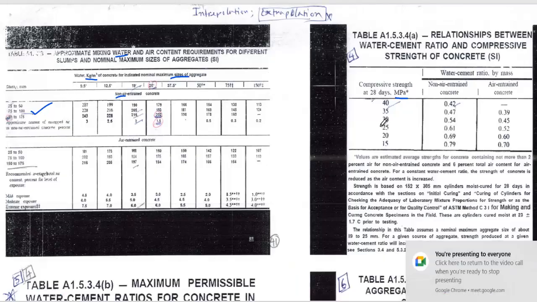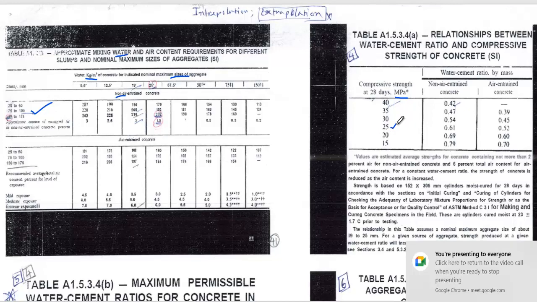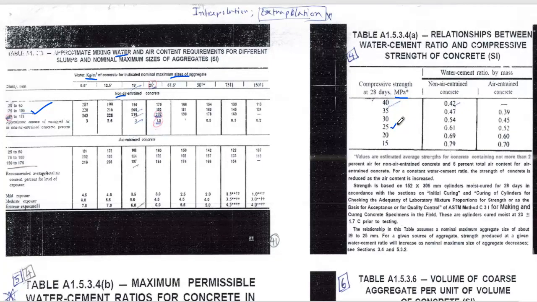Are you going to design your member for 25 megapascal or 30 megapascal, it's up to you. Who is going to tell you that the concrete strength is 3000 psi or 3500 psi? You decide as a designer, right?